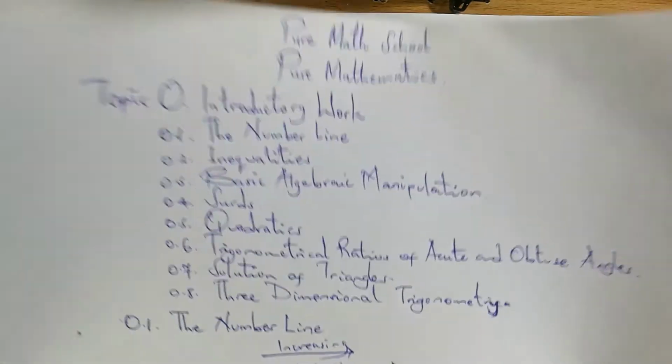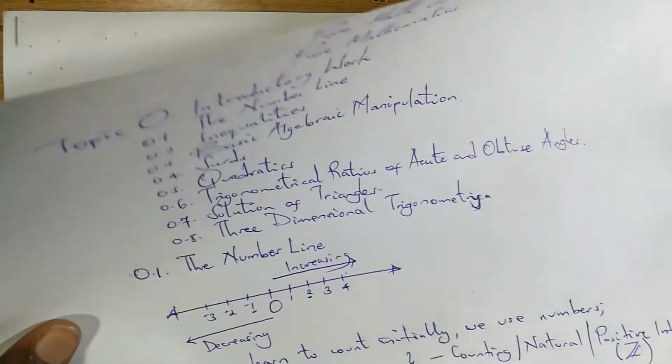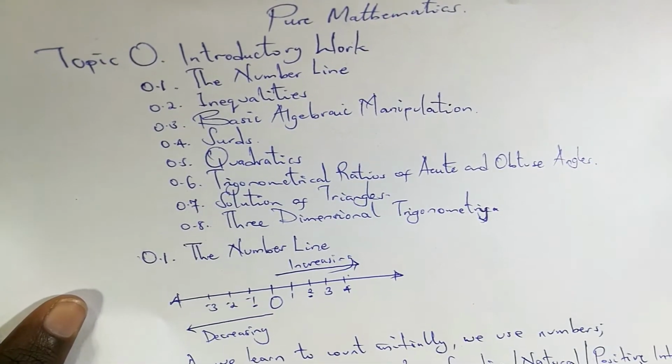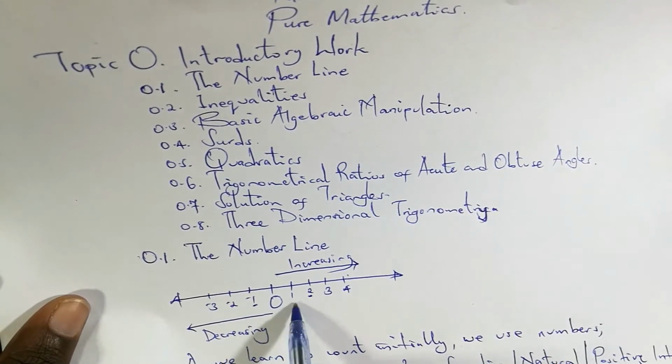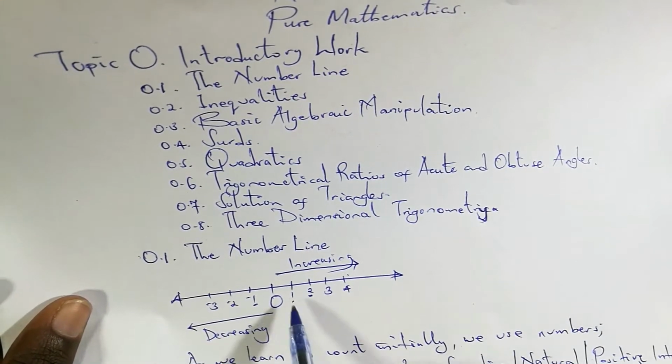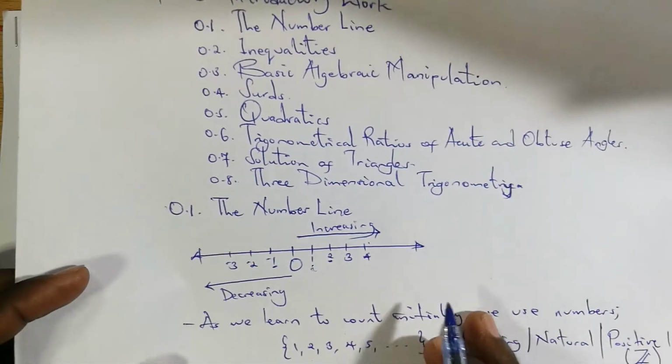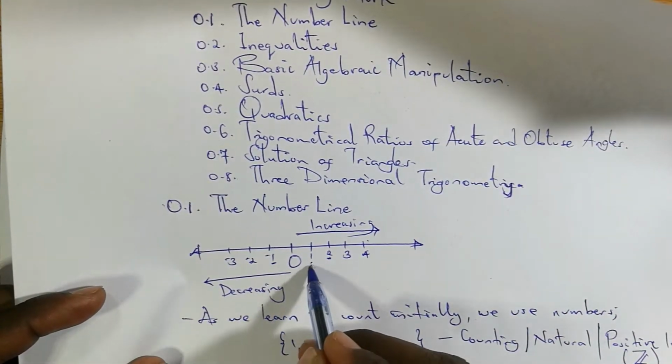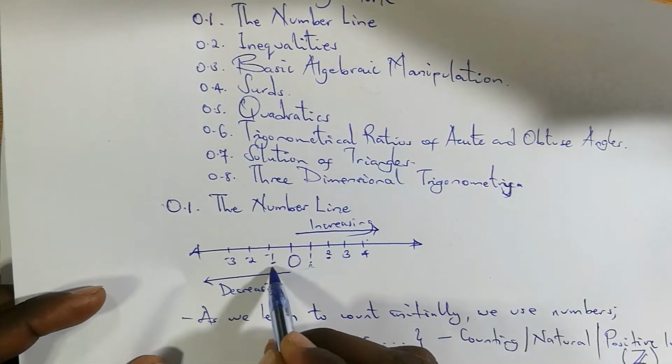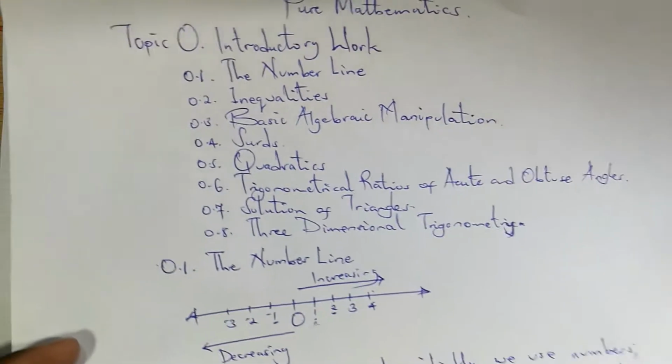But as our use of numbers progresses, we need to include other numbers into play. We have to extend these numbers backwards to include 0 and the negative numbers.